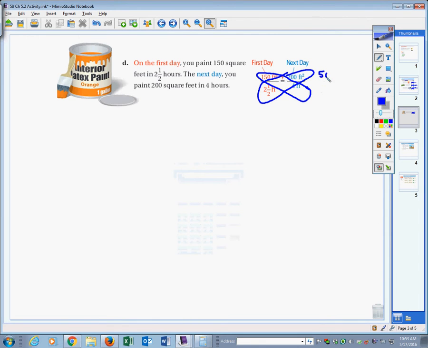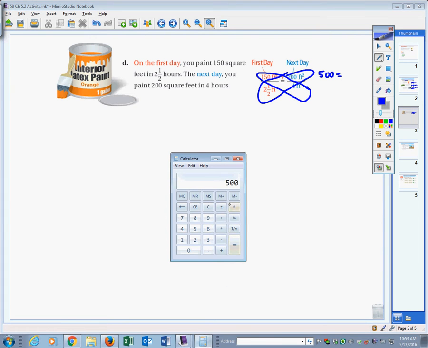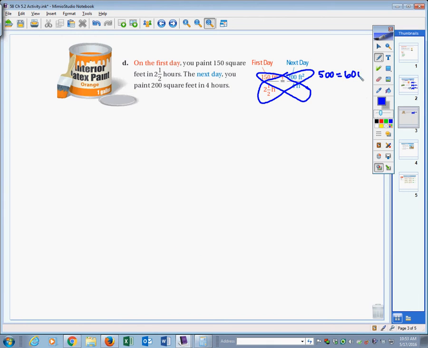So we have 500 on the top, and let's multiply these bottom numbers here. 4 times 150 equals 600. So is this equivalent here? No, they're not equal. So we need to change either the 200 feet or the 4 to make it equivalent.